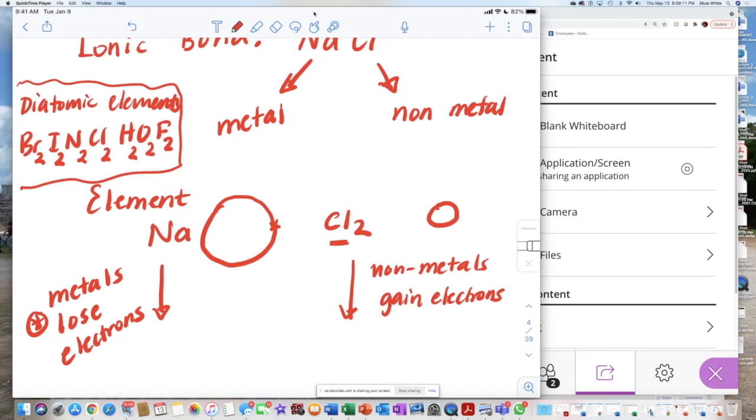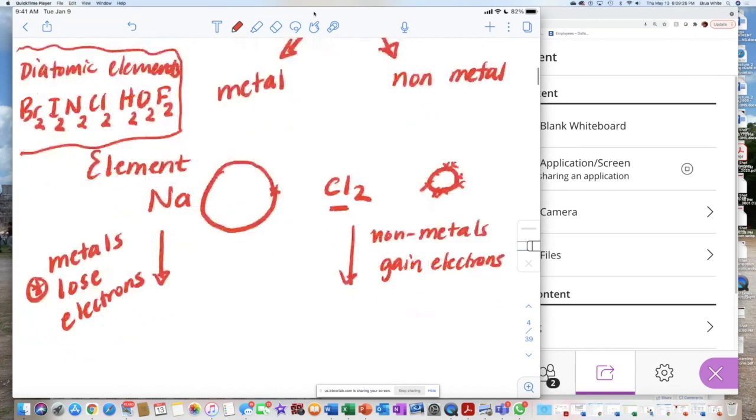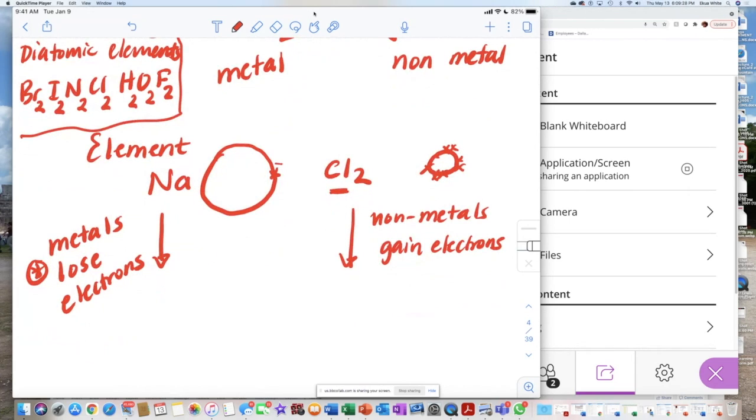So the chlorine compared to the sodium is very tiny, and chlorine is surrounded by 7 electrons. So I've got 1, 2, 3, 4, 5, 6, 7. Because sodium only has one outer electron, sodium will lose the one electron to become sodium positive.